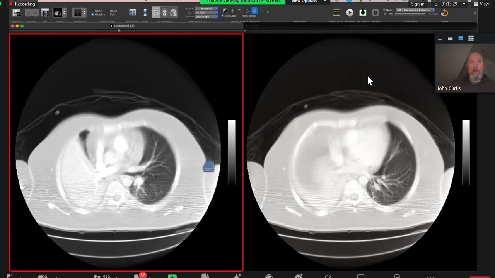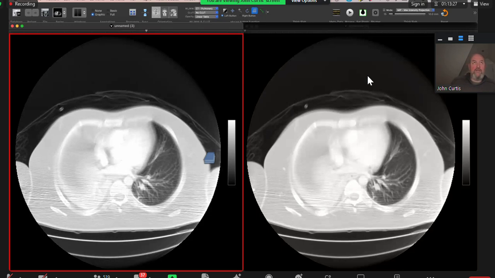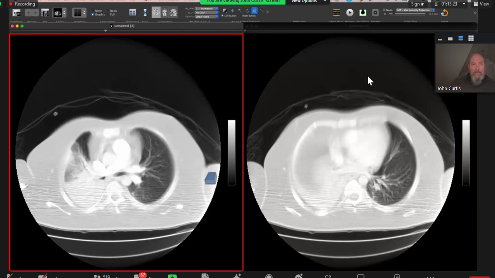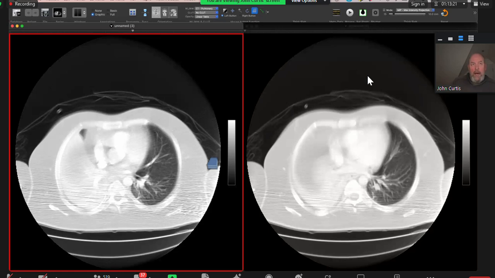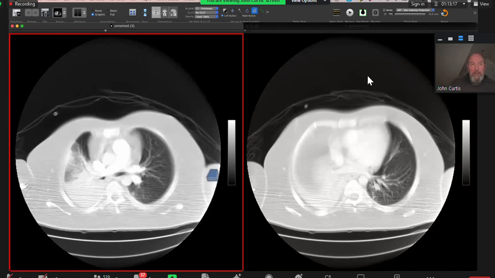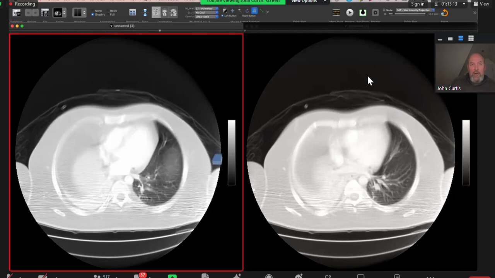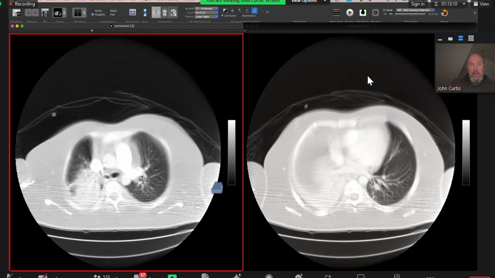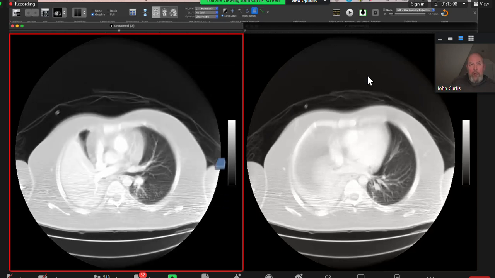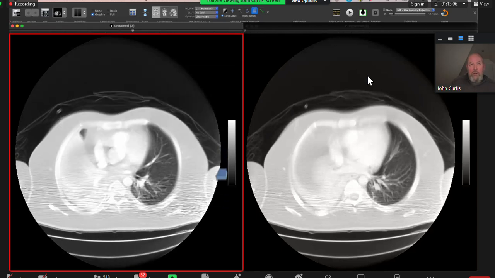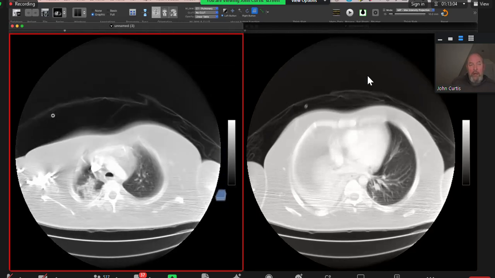There isn't. In the interests of time, I'm going to help you. So there is a right lower lobe collapse. And I think the middle lobe is also collapsed, isn't it? That's right. There's a bit of consolidation in the left lower lobe, and also a bit of consolidation in the right upper lobe.